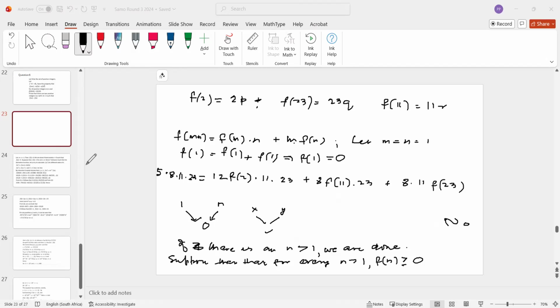So we're going to assume that this is always greater than 0. All right, so this is going to be our starting point. I should have said this thing earlier on. So here, none of P, Q, and R are now 0.